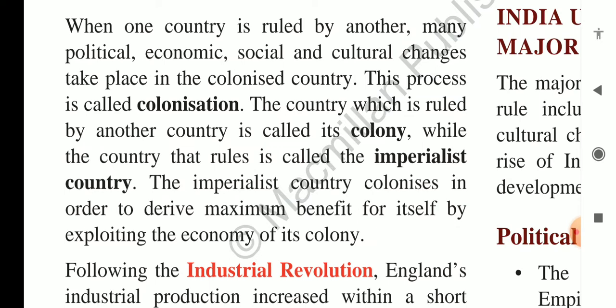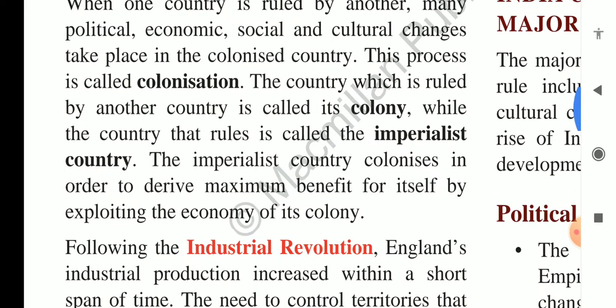It is a very simple definition: a country that is ruled by another country, and so many changes occur, like political and economic changes, changes in their society, and in the culture also. Such changes occur because another country is ruling a particular country. That is called colonization. And these changes take place in the colonized country.